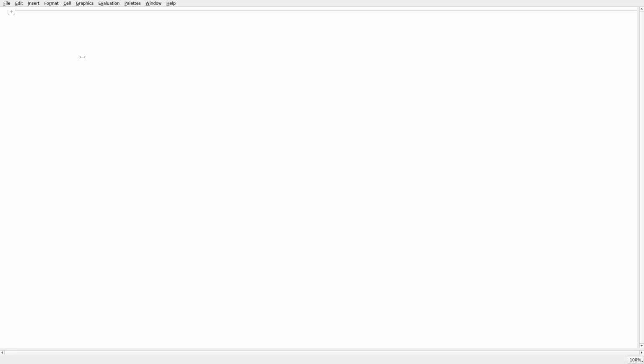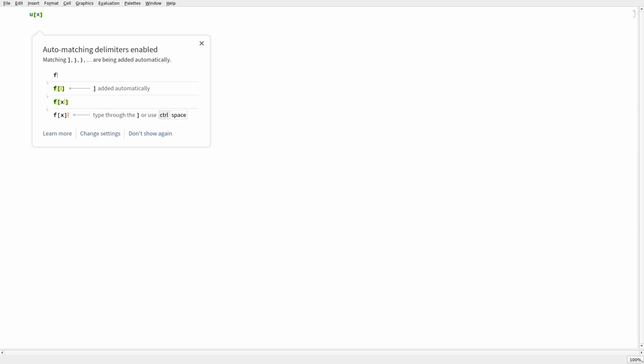So what I'm going to do is say that u of x is equal to C1 x(1 minus x). Can you guys see that okay? Let me see if I blow it up a little bit.